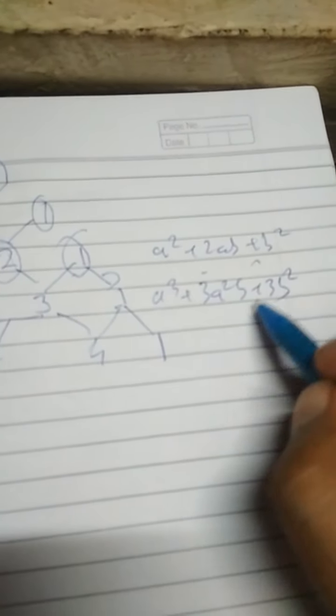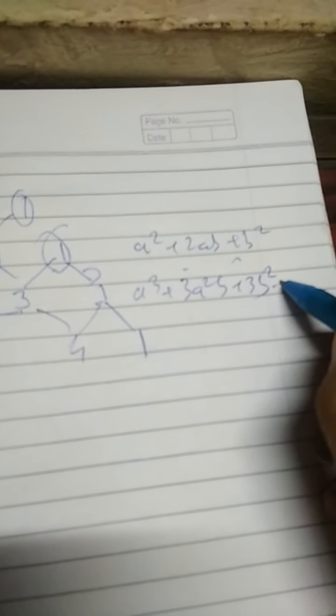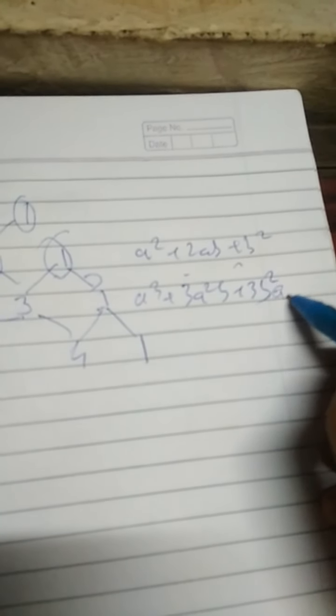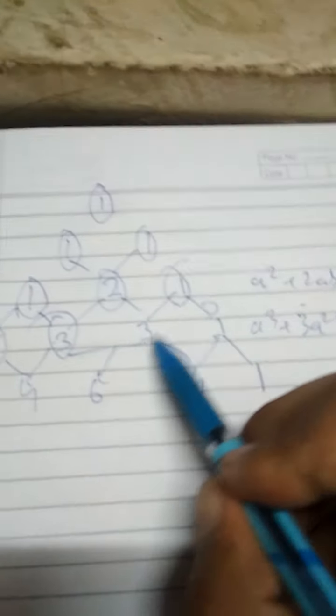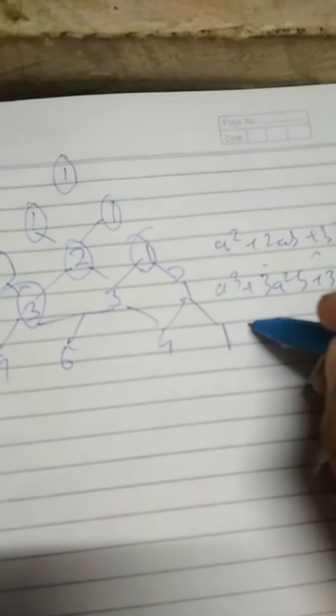a cube plus 3a square b plus 3a b square plus b cube. 1331, 1331. Similarly, the next term will be 14641 for power 4.